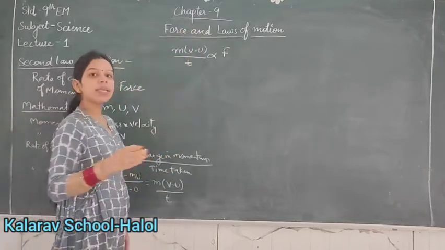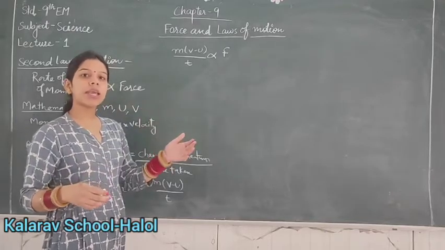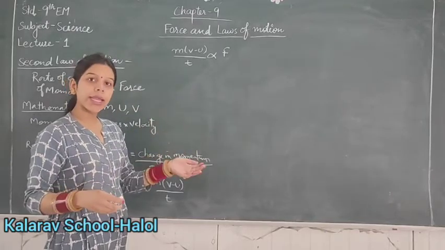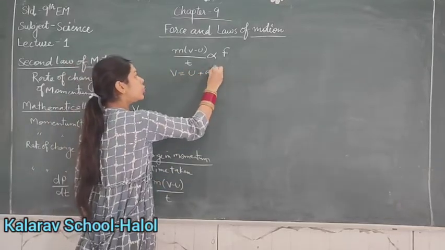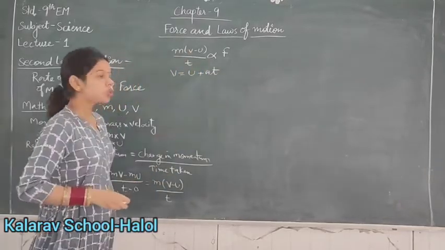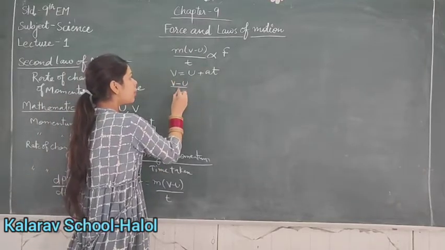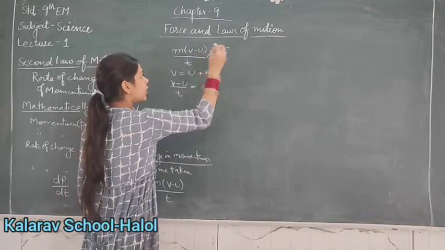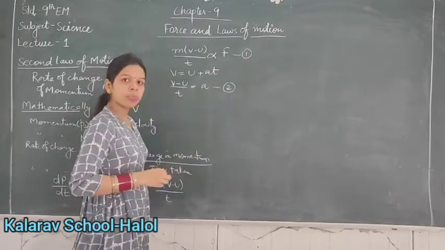What is the equation of motion? We already did it in previous lectures of chapter 8. The equation of motion is v equals u plus at, so v minus u upon t is a. This is equation number 1 and this is equation number 2.